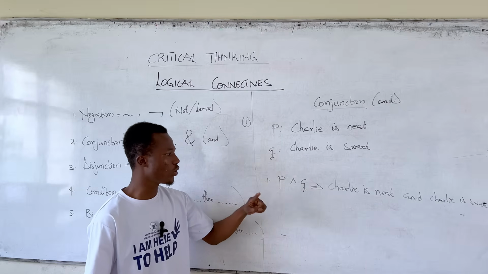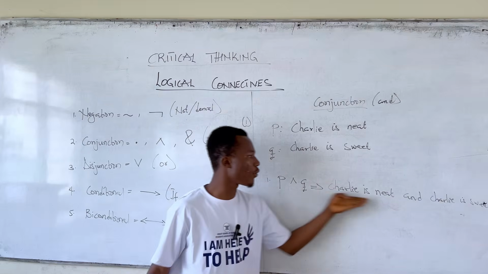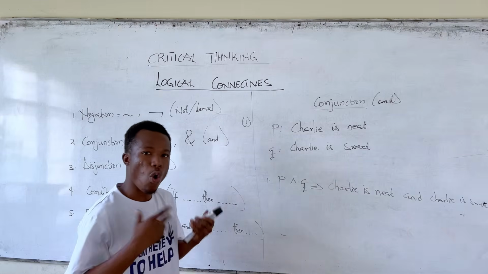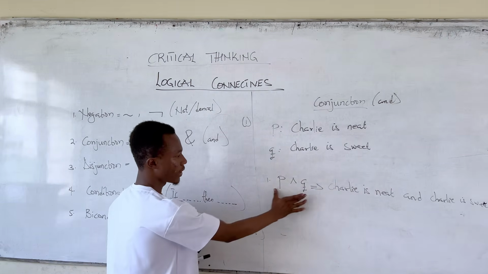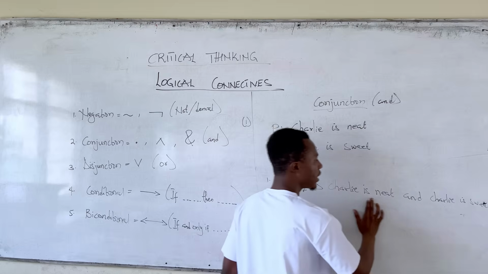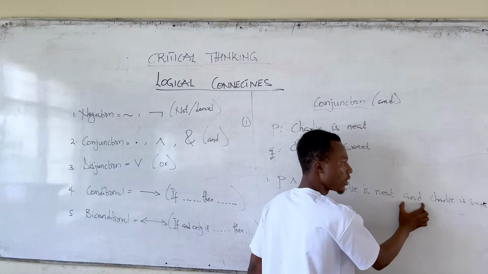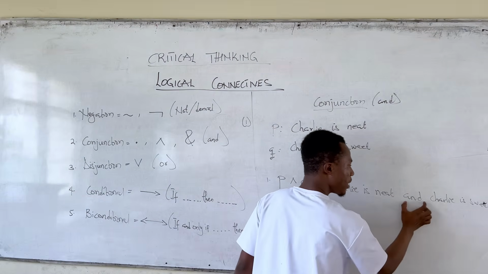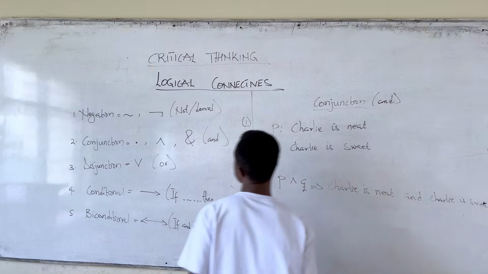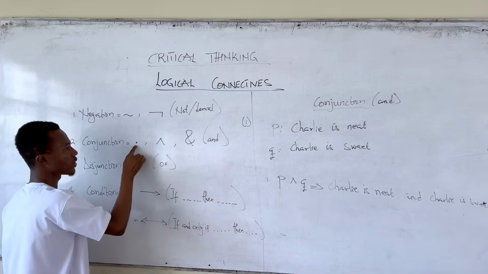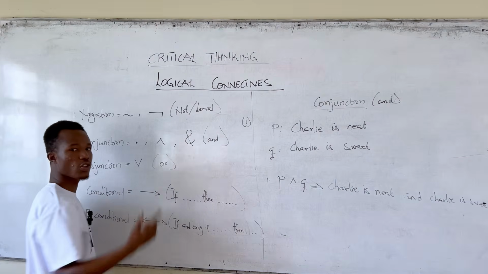Then what you have to do is convert it to an expression, or they can give you the expression and ask you to change it to symbolic logic. If they give you "Charlie is neat and Charlie is sweet", meaning there is a conjunct, you bring one of the symbols. You either bring the dot, or this one, or this one. Any of them you are correct.